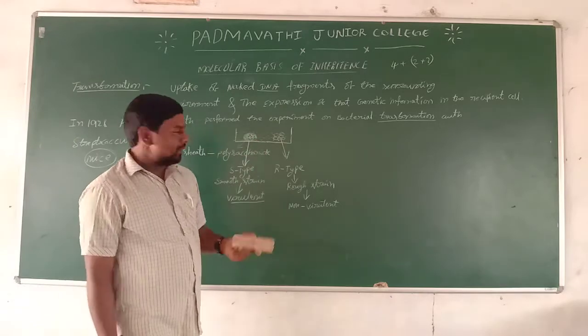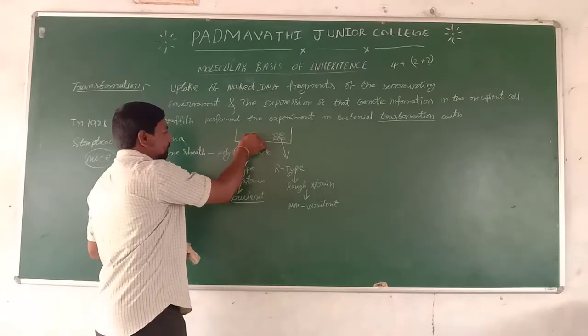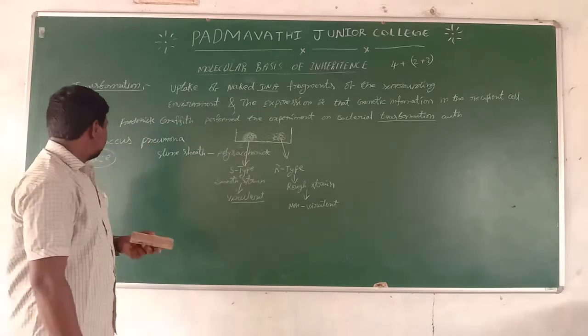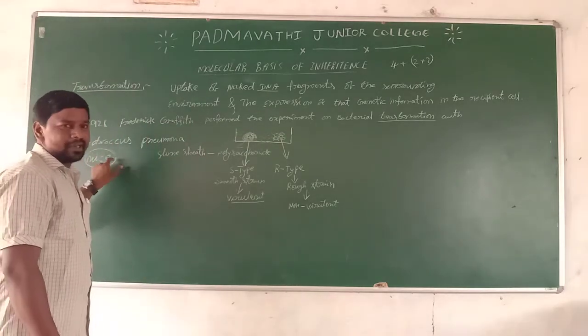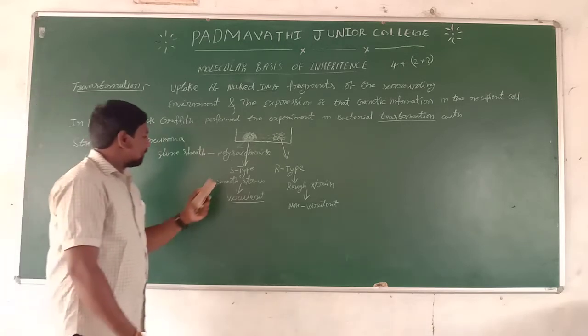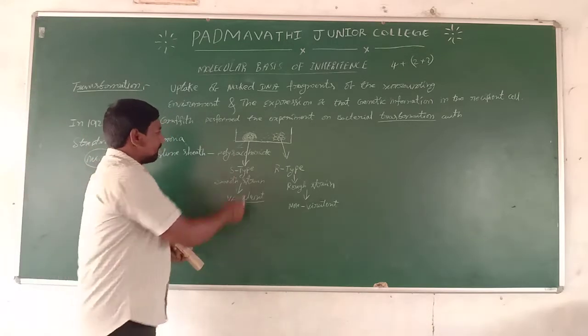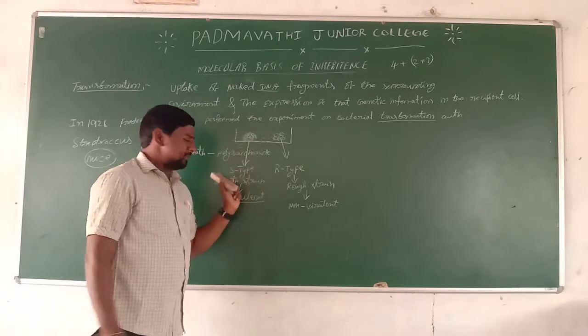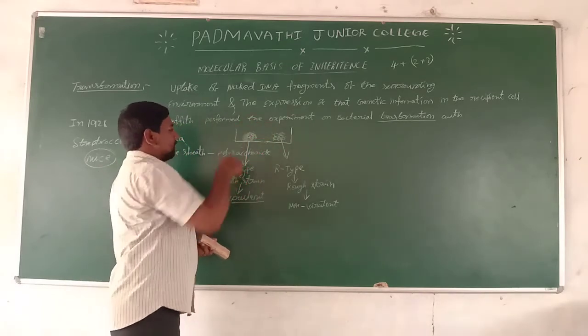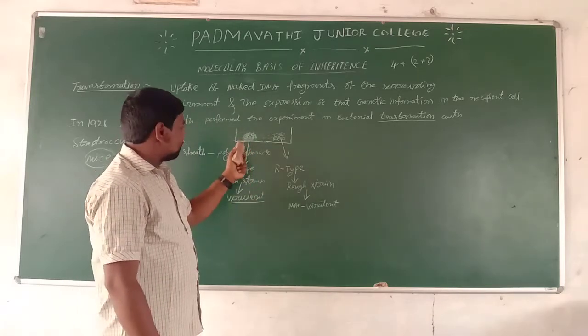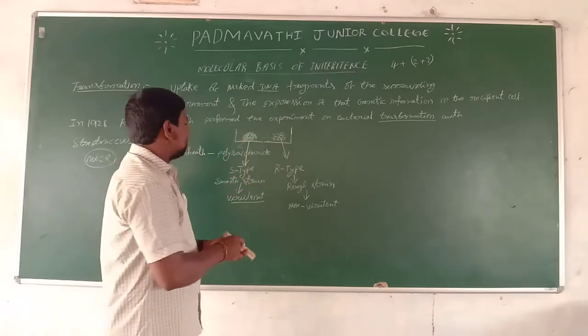Now we are going to another step. Frederick Griffith chose the host organism mice, which means rat. First of all, he separated the S type strain from the medium and injected it into the mice body.